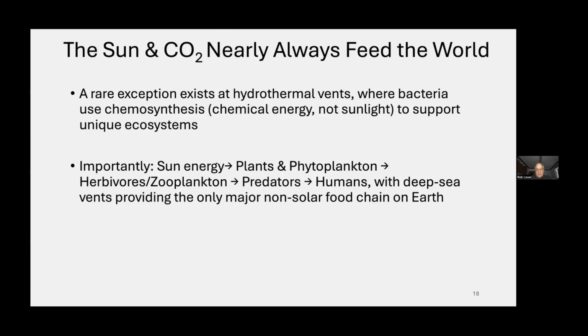So in summary, the sun's energy is the energy source from which plants derive their energy to grow.